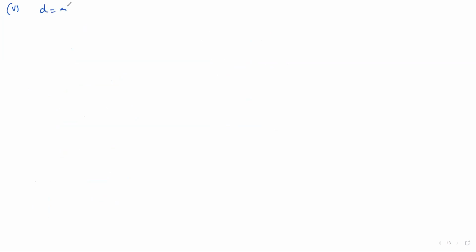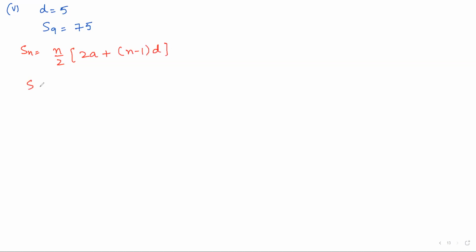d is equal to 5, right? And S9 is 75. Is this correct? Is this what is given? Yes, ma'am. Okay. So I start with the formula that Sn is equal to n by 2 into 2a plus n minus 1 into d, right?